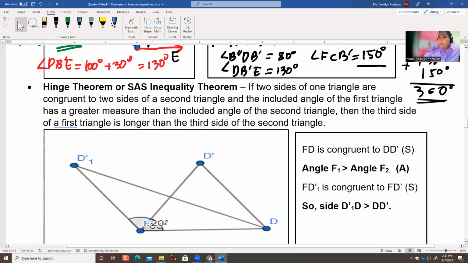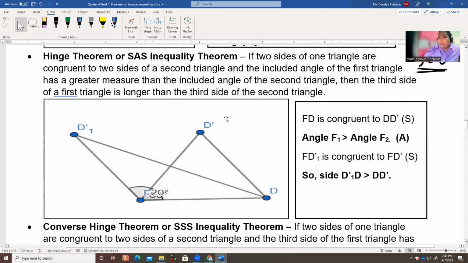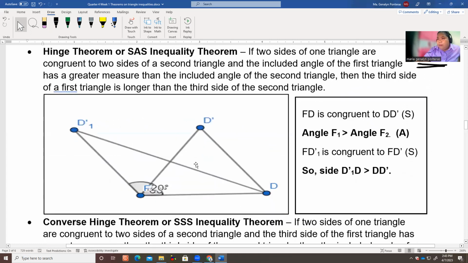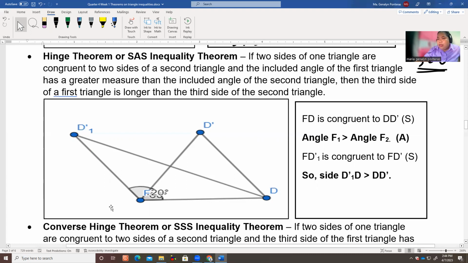The first thing, class, is we're going to make a first triangle, this one, D1, D and F. Then I adjusted D1, I moved it here, so the angle changed. If the included angle becomes smaller or larger than in our original triangle, that would be the SAS inequality theorem.